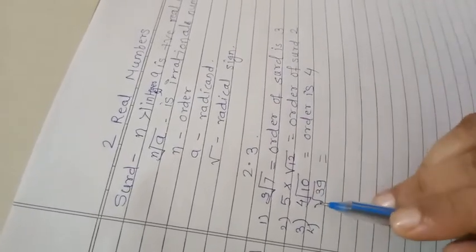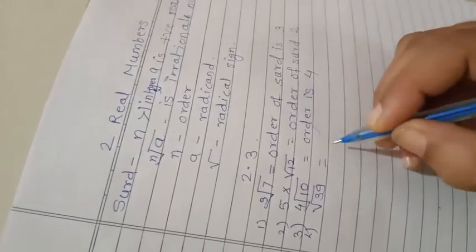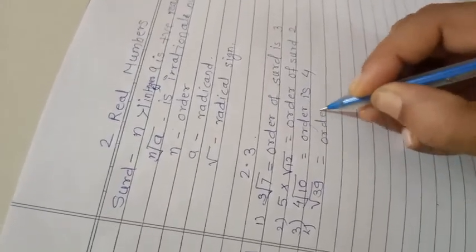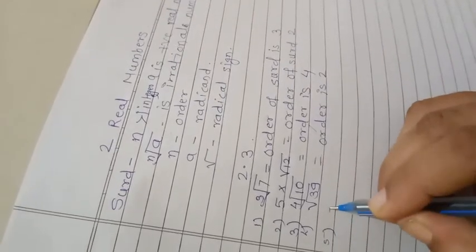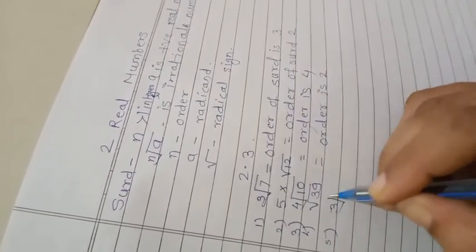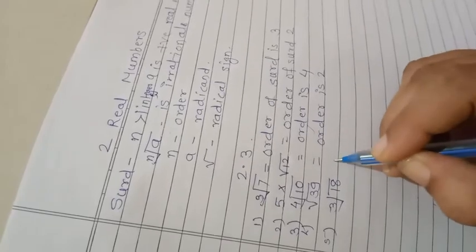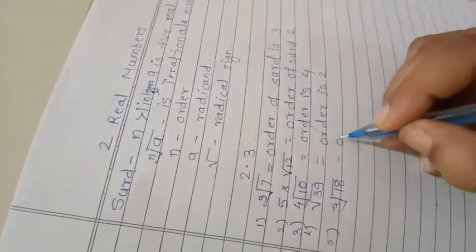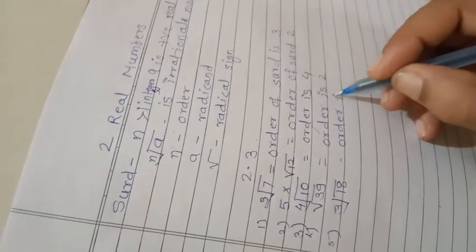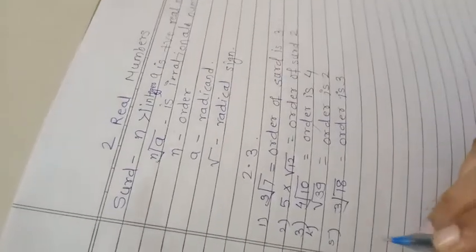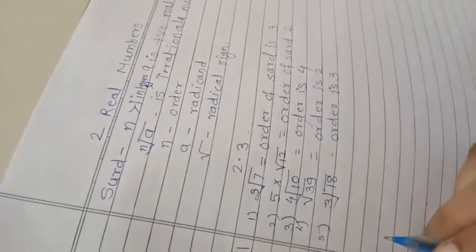Again the root sign is there, so order is 2. Order of this surd is 2. In the next example, cube root of 18. Here cube root is there, so order is 3. Order of this surd is 3.